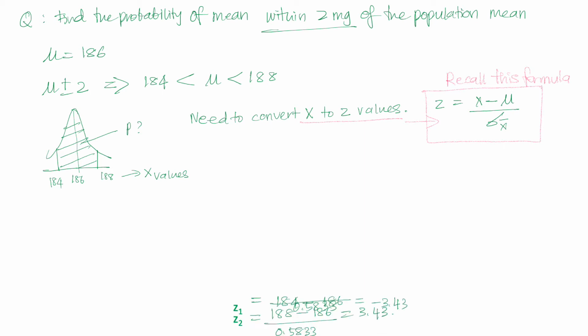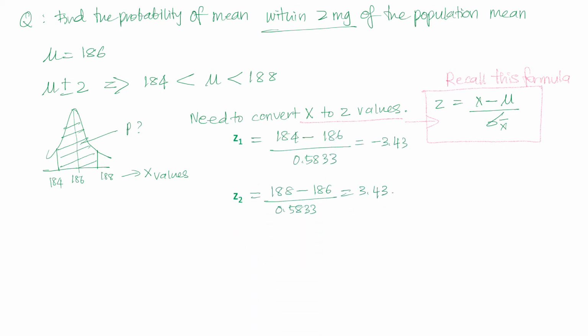So in this case, we have to find the z value of the first x, that is 184, and the second x, that is 188. By using the formula here, we find the z1 value as minus 3.43 and the z2 value as 3.43.